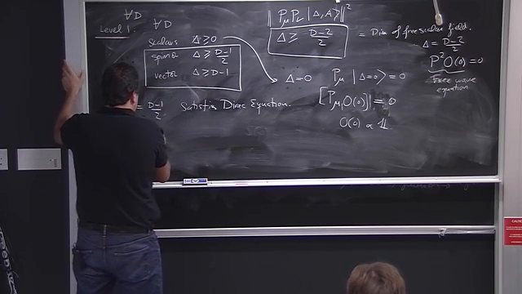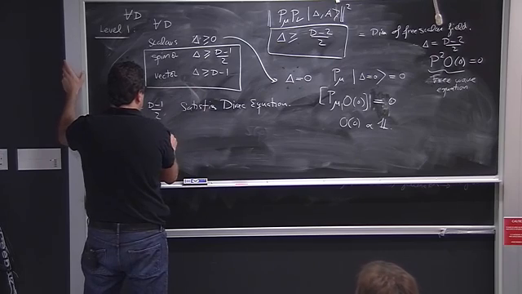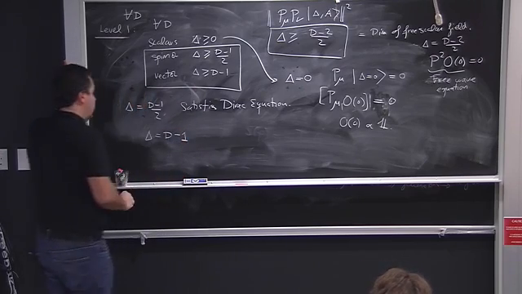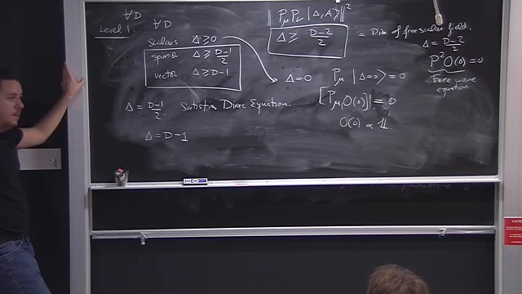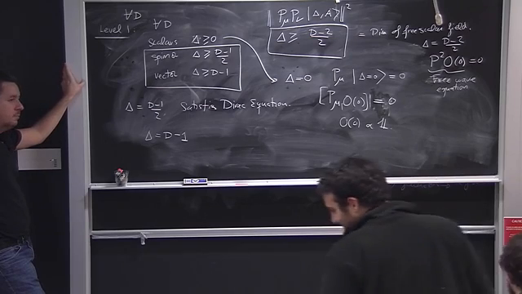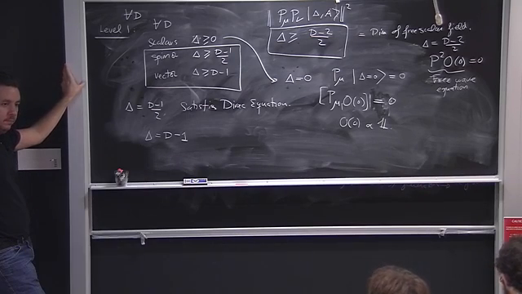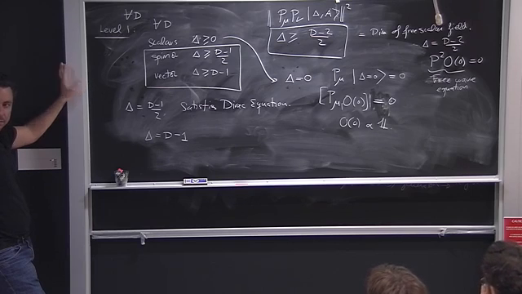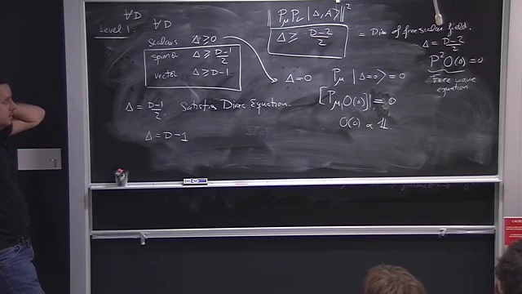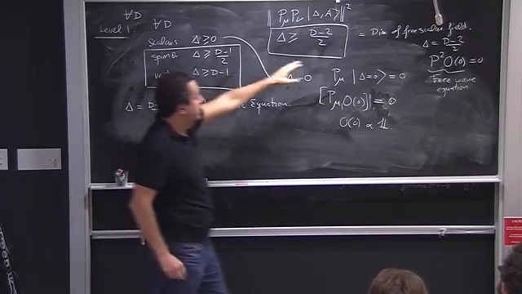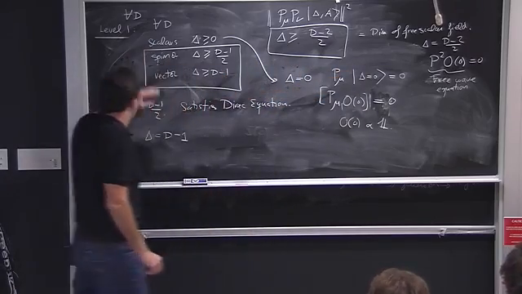So can someone tell me what's special about vectors whose dimension equals d minus 1? So this was the dimension of a free scalar field. This was the dimension of a free fermion. What is this?